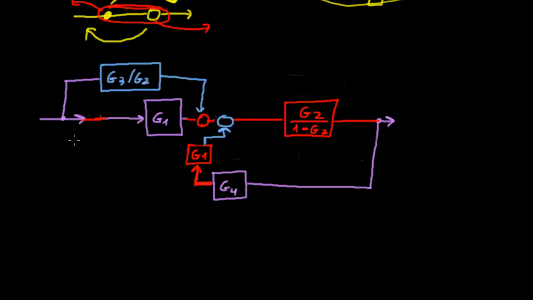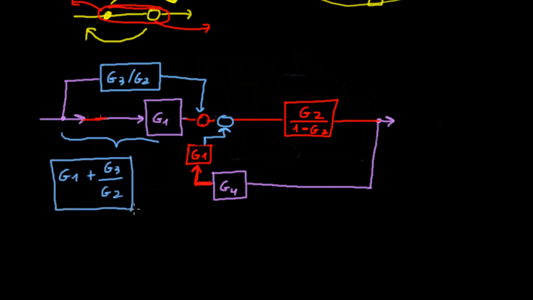There it goes. This part here is equal to G1 plus G3 over G2, and this is in series with this feedback loop. I think I forgot to put here the minus sign.